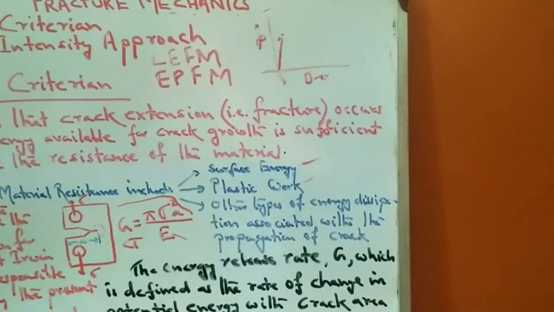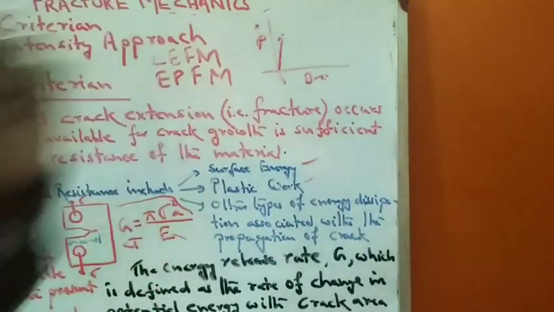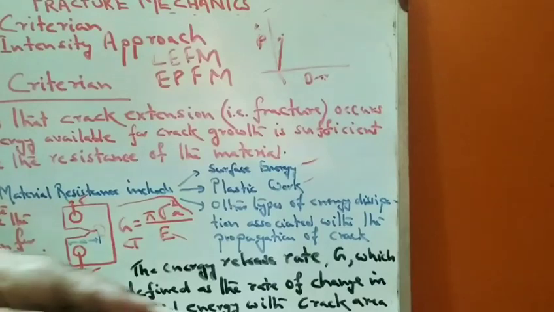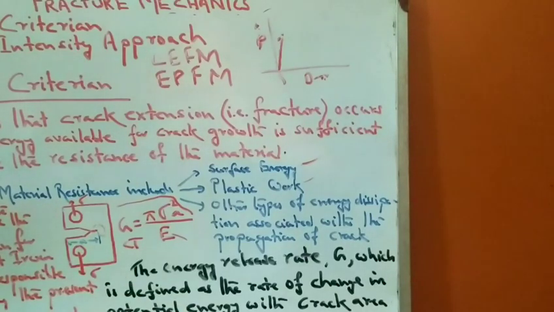That means we consider only materials that are linear elastic. According to this criterion, the energy release rate G is the rate of change in potential energy with crack area.